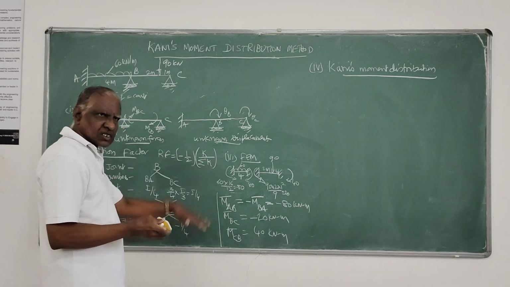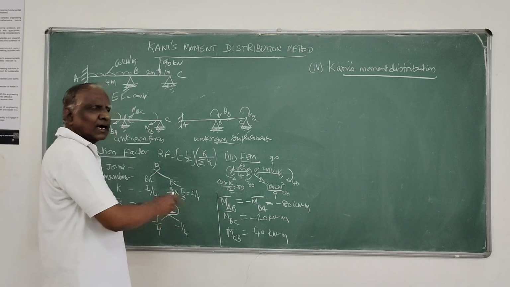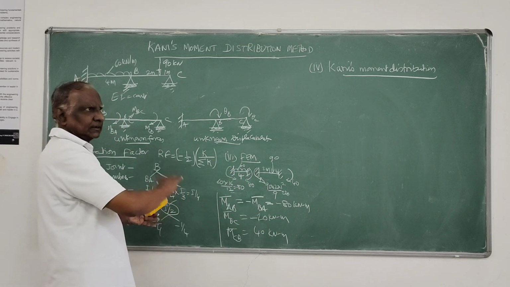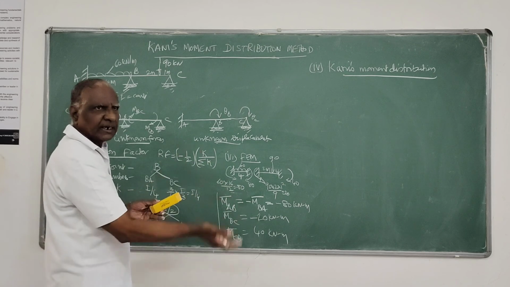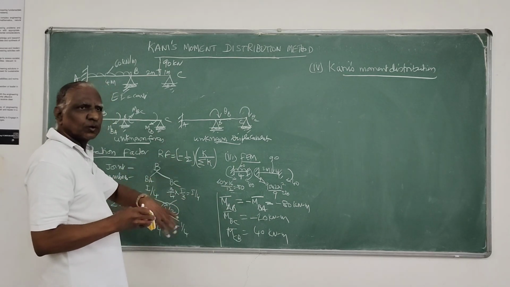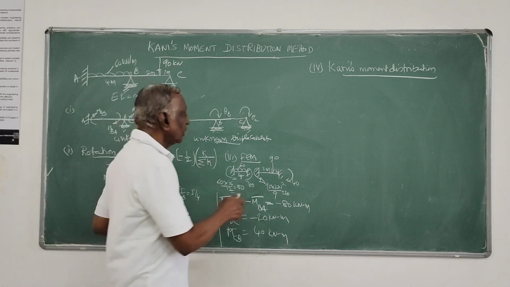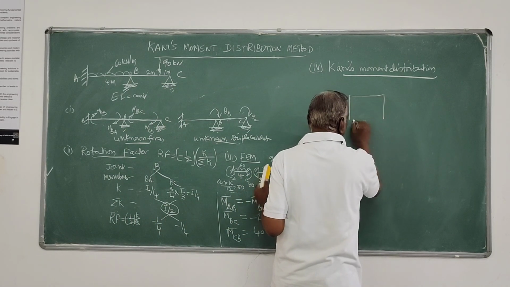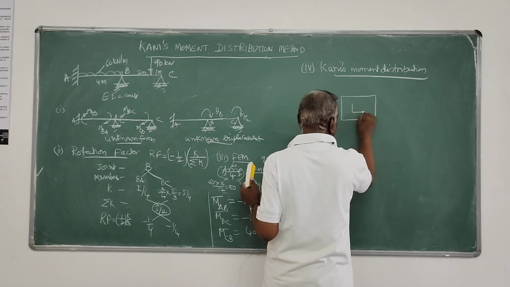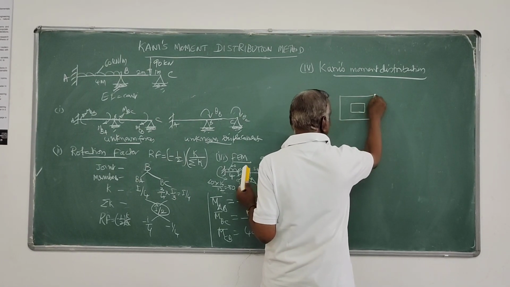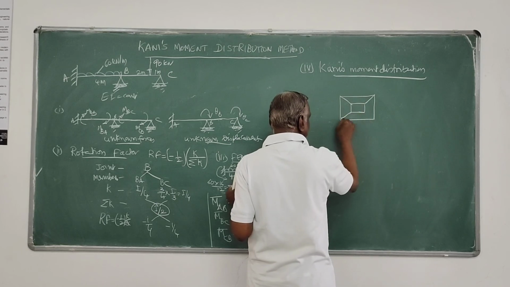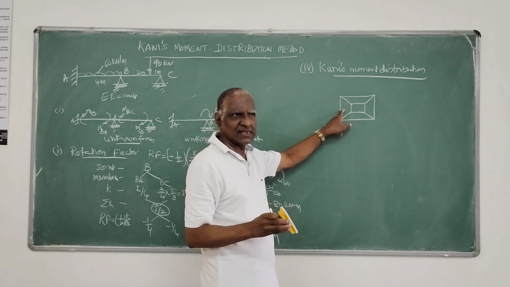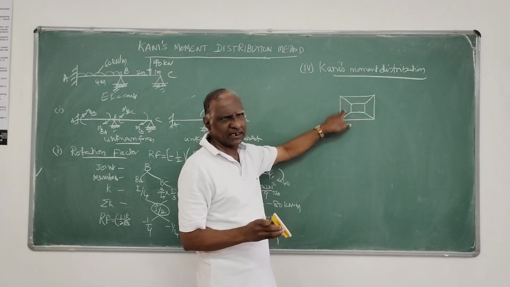In the moment distribution method, we were doing two types of moment distribution. One for non-sway, that is only for rotations, another for translation, that is sway. And then we were adding the non-sway and sway analysis, separately we were doing. So here we do both together. Here each continuous joint, as well as simply supported roller joints, is represented by means of two squares or rectangles, one inscribed in the other, in this fashion.